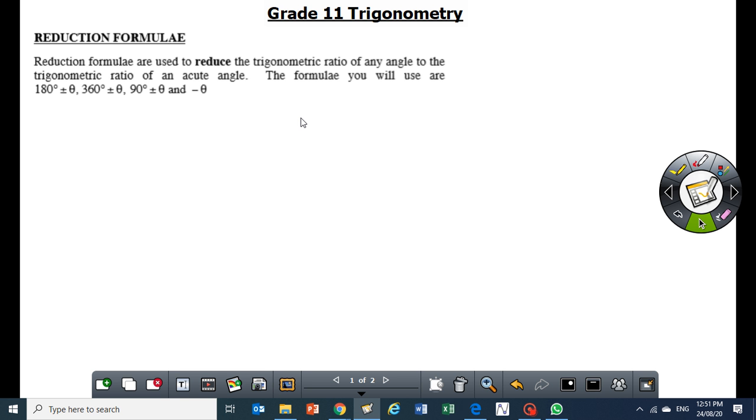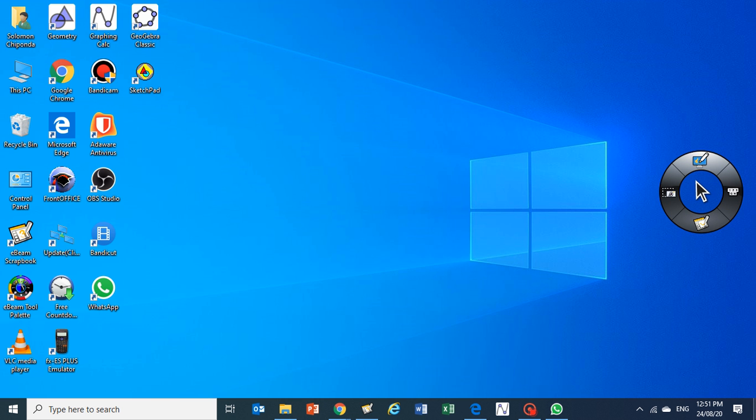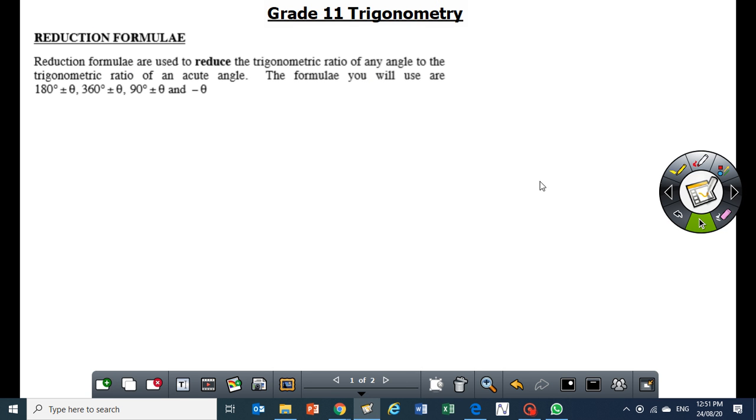Just to simplify things, I'm going to draw my Cartesian plane.